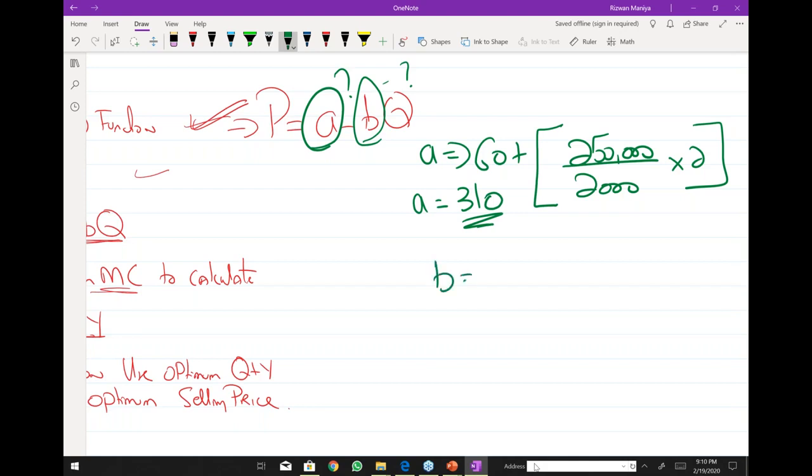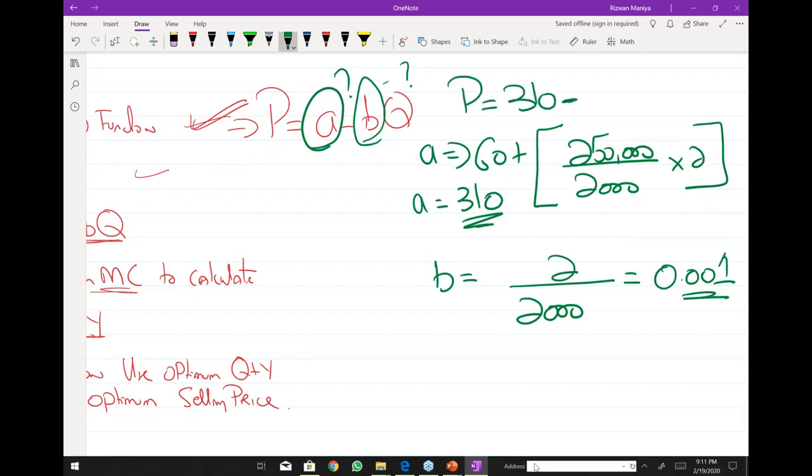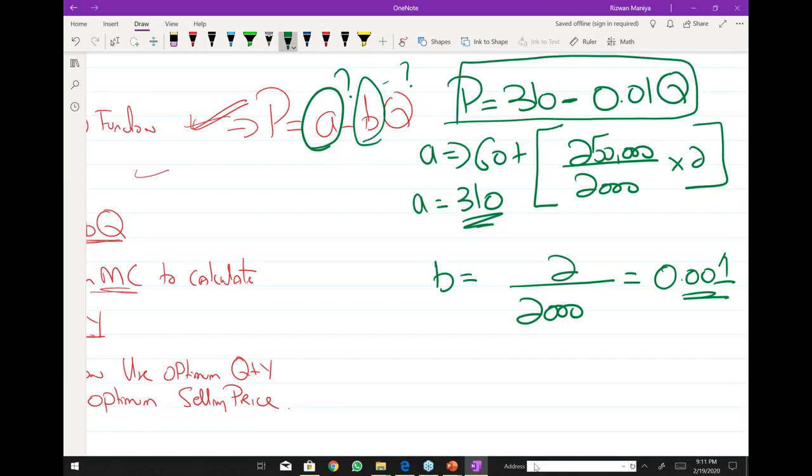Okay. Now let's find B. So what is B? Change in price is by 2, whereas the change in demand is by 2,000. So it's 2 divided by 2,000, which is 0.001. So this is the gradient, and the equation is now P is equal to 310 minus 0.001 Q. So this is the demand function that you can see in front of you.